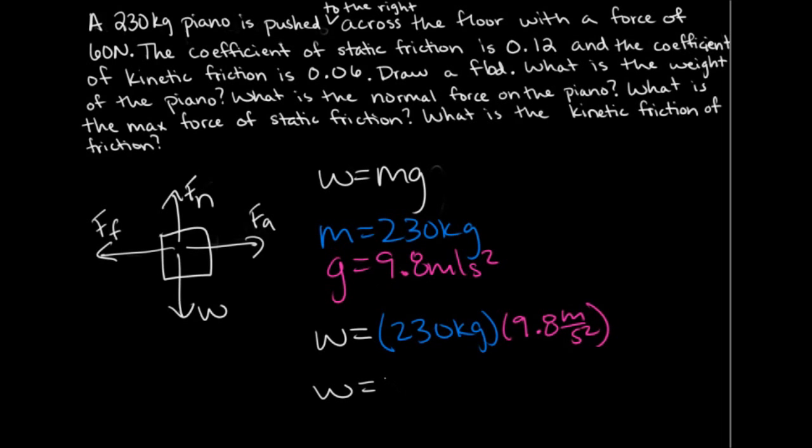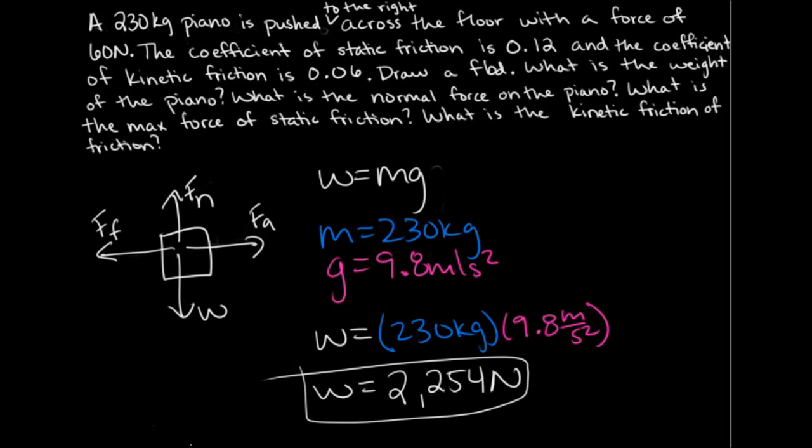The weight of the piano is 2,254 newtons. I know that it's newtons because I have kilograms, I have meters per second squared, and we know that kilograms times meters per second squared equals newtons. So this is the weight of the piano.